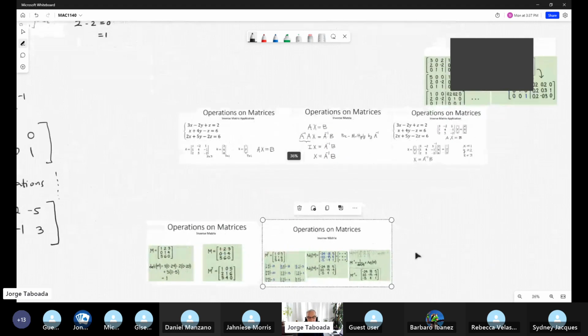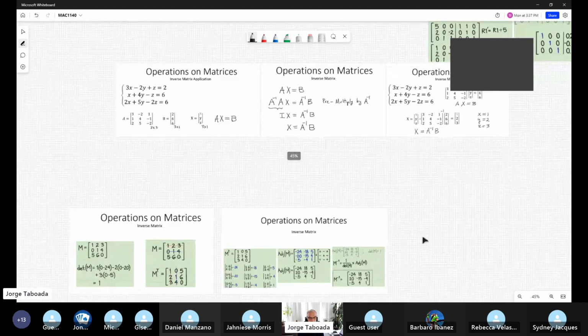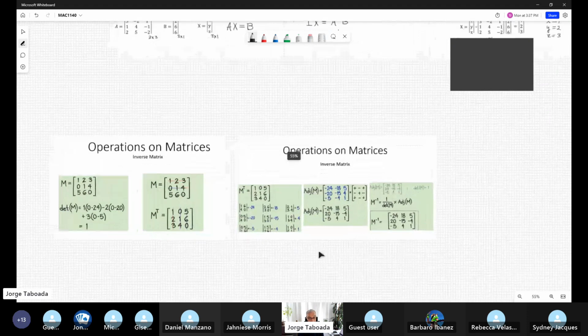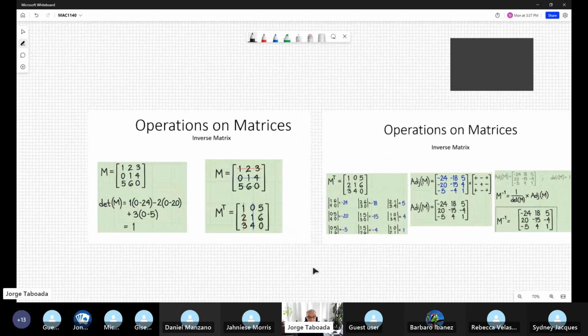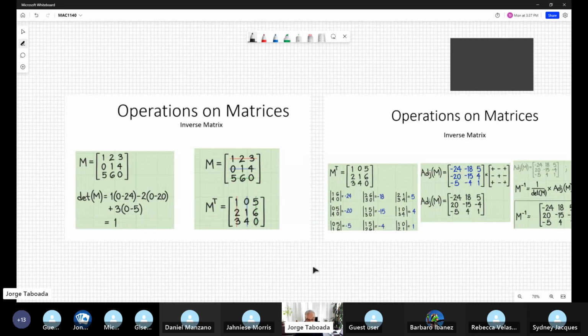Okay. Look. Suppose I have a more complicated problem. Okay, no problem. More complicated, in which you have the matrix M. Let me copy from my piece of paper the matrix M, and the matrix M is 1, 2, 3, 0, 1, 4, 5, 6, 0.